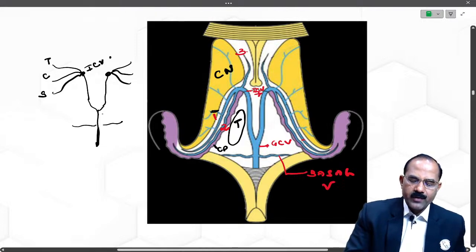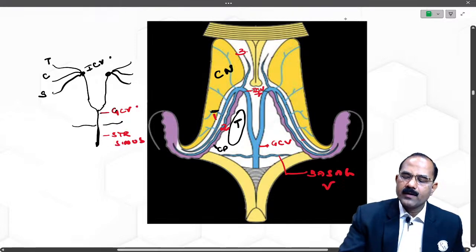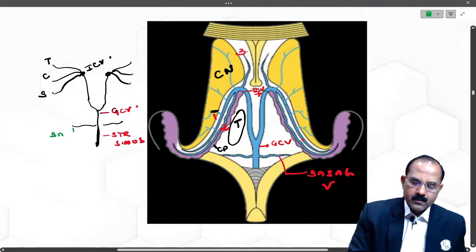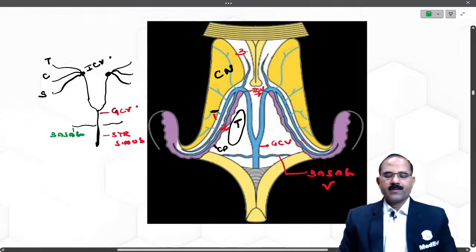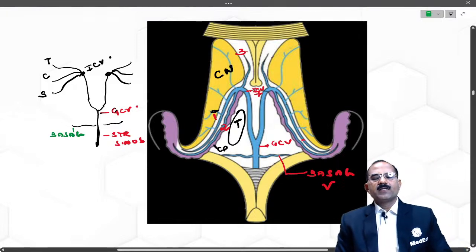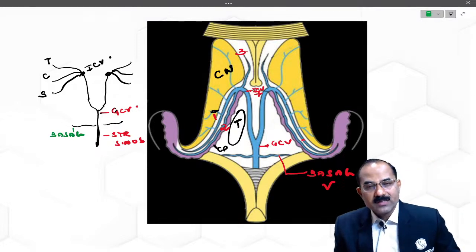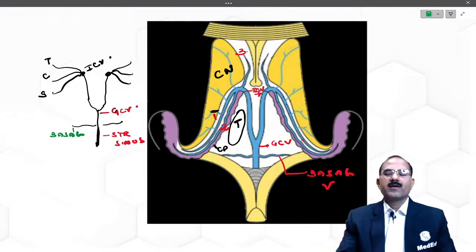Two internal cerebral veins join to form the great cerebral vein. The great cerebral vein of Galen drains into the straight sinus. And then what is this vein? Basal vein. That's it. That's the easiest way to understand the venous drainage of the brain.